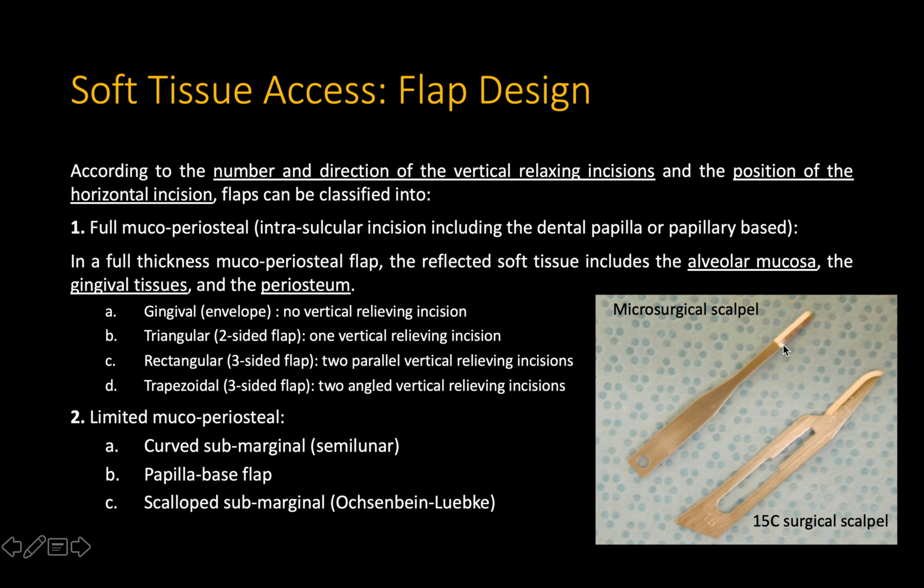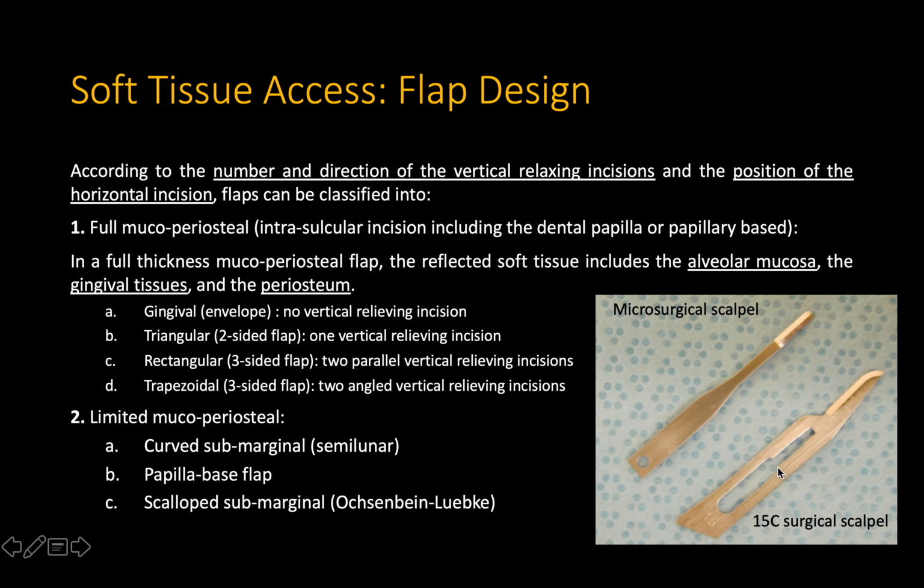The microblade has a pointed end, and it gives you better control in more delicate tissues. For example, when you do a papilla-based flap, which we will talk about in a few minutes, you need this blade because it gives you a precise, neat incision.